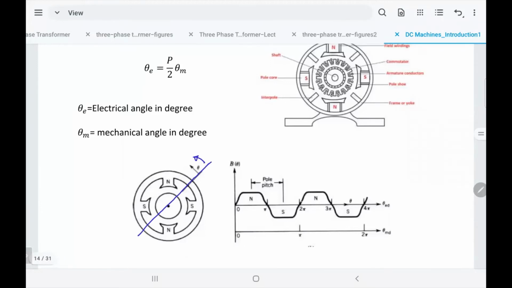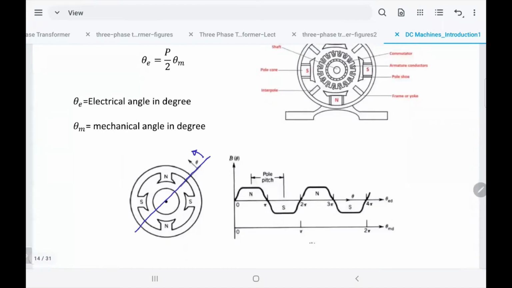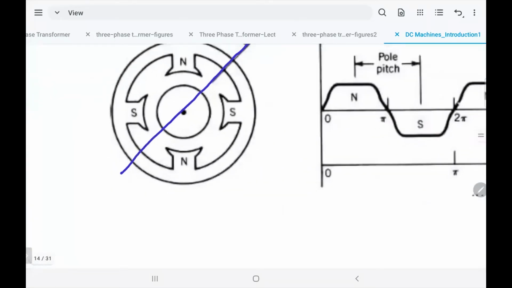Now, there is something important. That's the north. Let me make it bigger. North, the magnetic field coming out of it, right? So in this air gap, you will find that the magnetic field is always concentrated at the center and getting weaker at the ends, right?